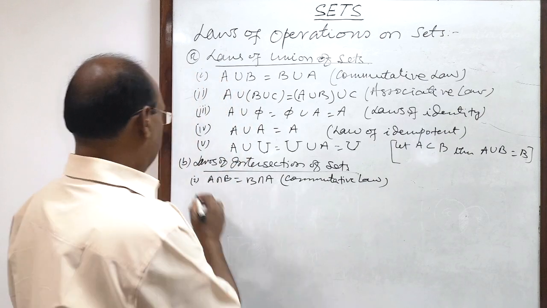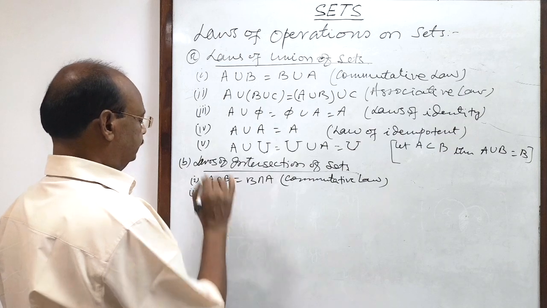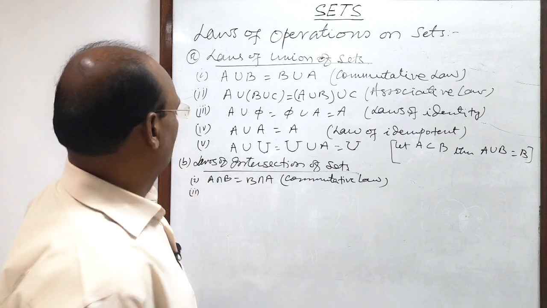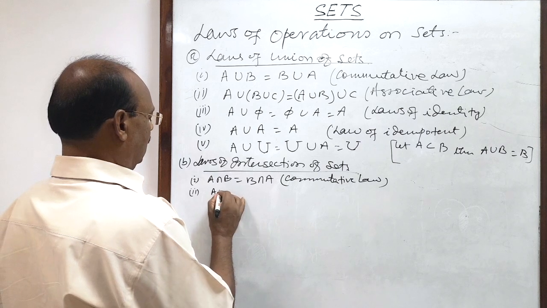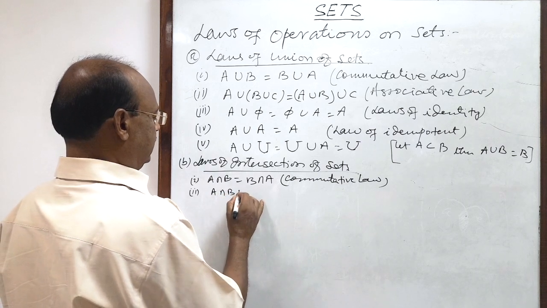And second, associative law: A intersection (B intersection C).